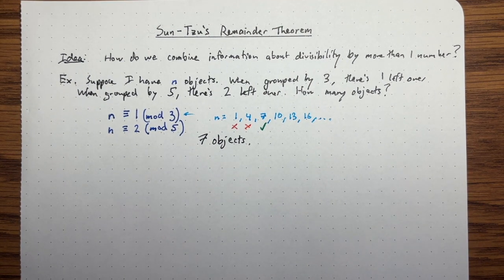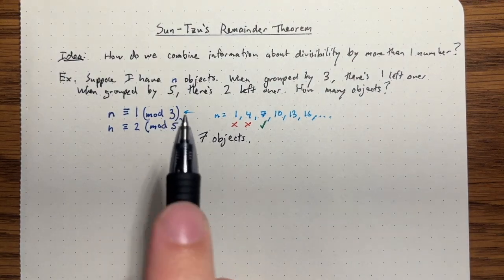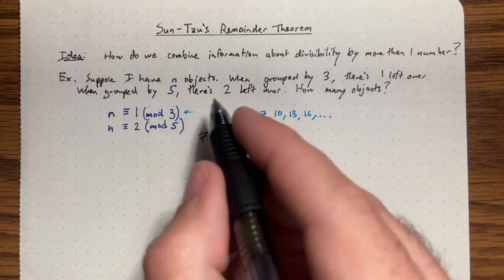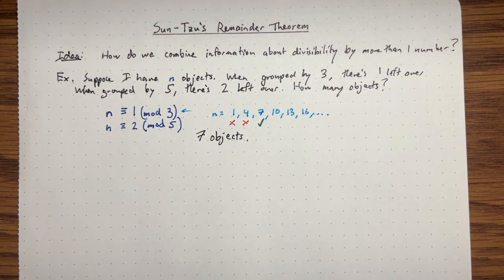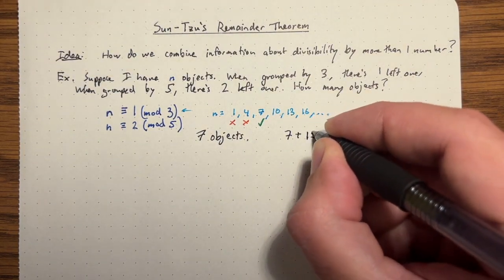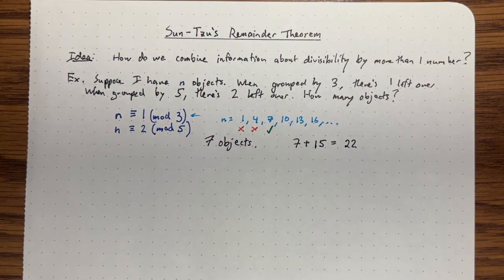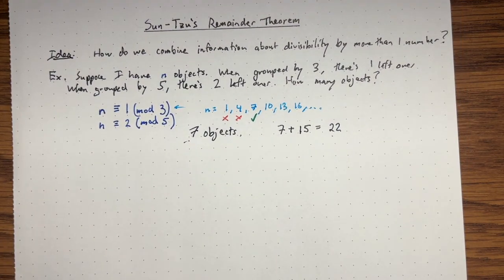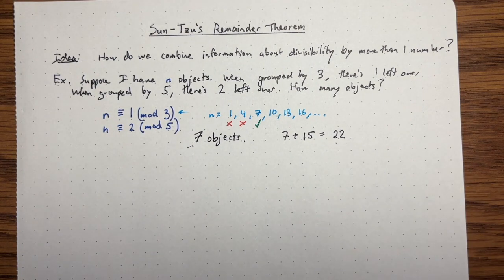Well, technically this is a little bit incorrect because I could now add the LCM of 3 and 5, which is 15. So if I do 7 plus 15, I get 22. And 22 differs from 7 by a multiple of 3 and a multiple of 5, right? A multiple of 15. So it will also satisfy this congruence. So I could have also had 22 objects.